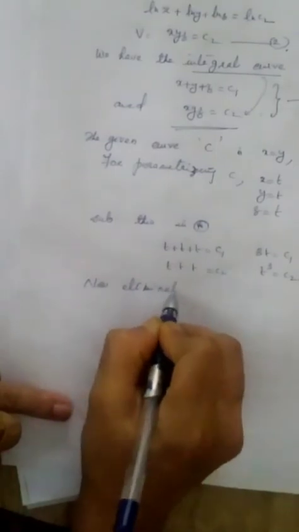Now eliminate t. From equation 3 we get t equal to c1 by 3. Now substitute in 4, we get t cube, means c1 by 3 whole cube equal to c2. So c1 cube by 27 equal to c2. So c1 cube equal to 27 c2.